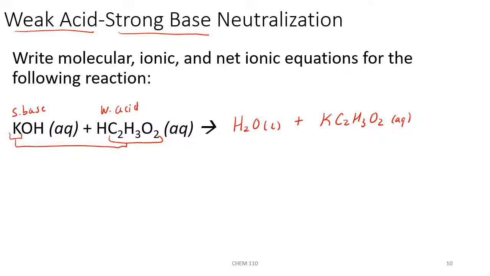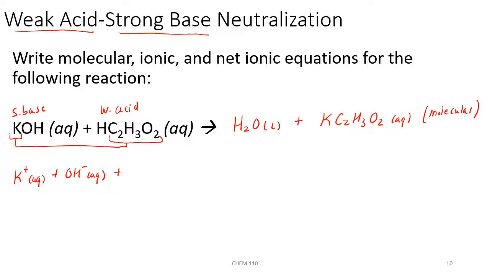Now when we go to write our ionic equation from our molecular equation, we want to break up our soluble substances and our strong acids or strong bases. So potassium hydroxide will dissociate into K plus and OH minus in solution. But for our weak acid, acetic acid, we know that that is only partially ionized. It doesn't form many ions in solution at all.